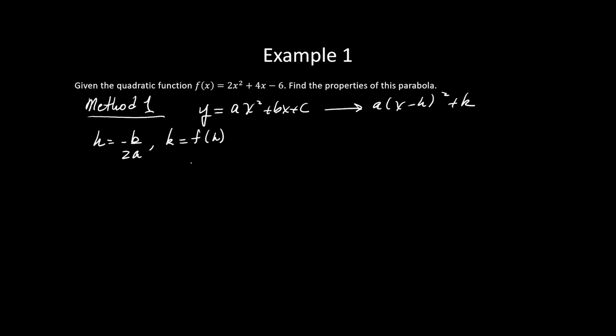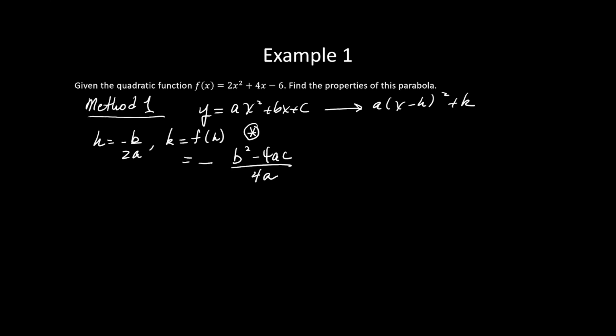That's one way, and the other way is this. Either way you want to do it is fine. I'm going to choose this method. It's pretty straightforward, but you could use that one.